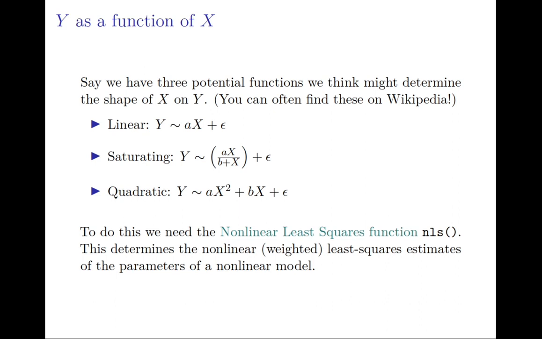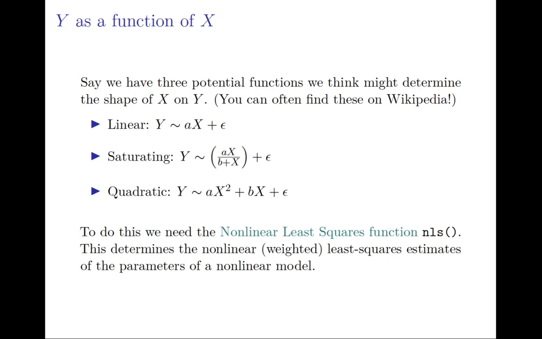You could have a saturating function, where y is a coefficient a times x over another coefficient b plus x. Or you could have a quadratic function, where y is a coefficient a times x squared, plus another coefficient b times x, plus another error term. We're going to focus on these three functional forms.